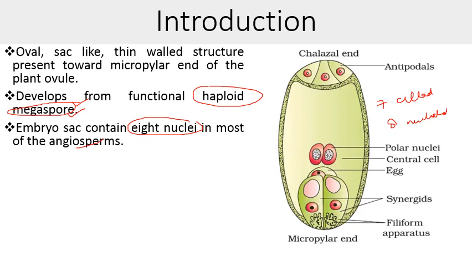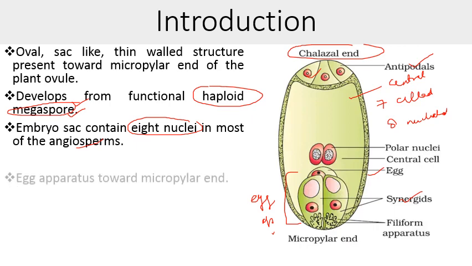So there are 3 cells which are present on the micropylar end, और इसे कहते हैं egg apparatus, जिसमें से एक होता है egg और 2 होते हैं synergids, while 3 are on the opposite pole towards the chalazal end, जिन्हें कहते हैं antipodals, and in the center it contains one cell which is known as the central cell. It contains 2 nuclei. So total 8 nuclei, 7 celled structure is present in most of the angiosperms.